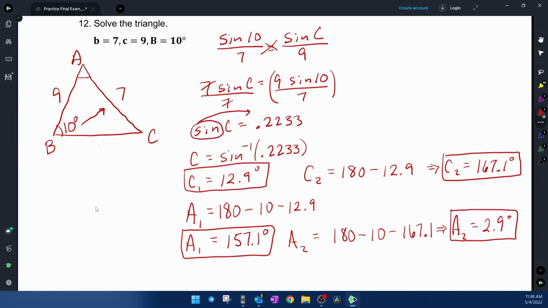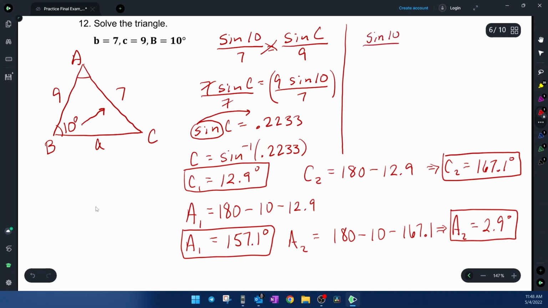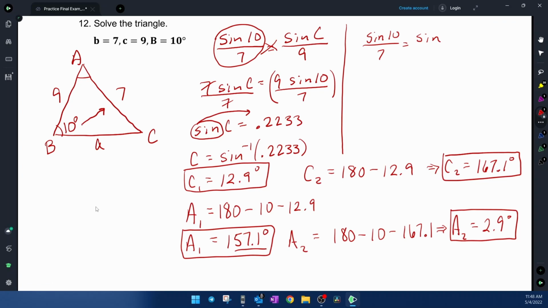So that means there are also going to be two side A's. And the way we're going to calculate side A is, again, using the law of sines. We're going to say sine of 10 over 7, because it's good to recycle, equals sine of angle A1, 157.1, divided by side A1.